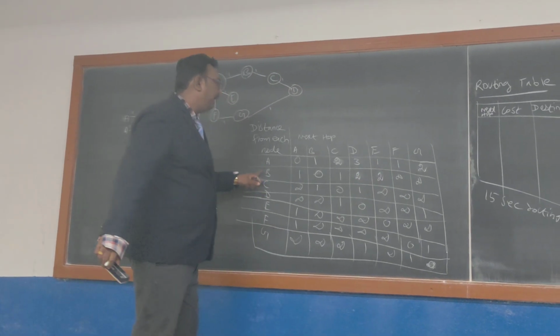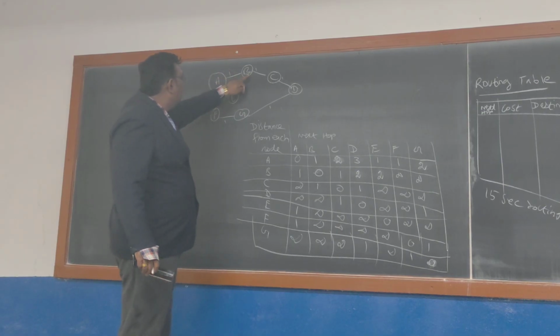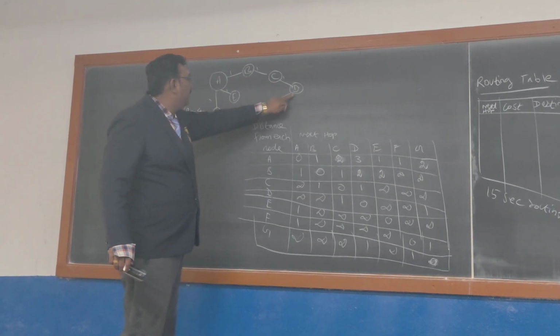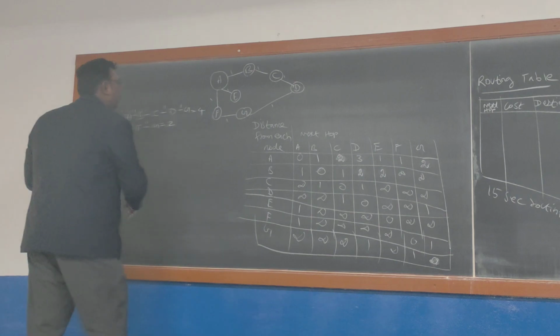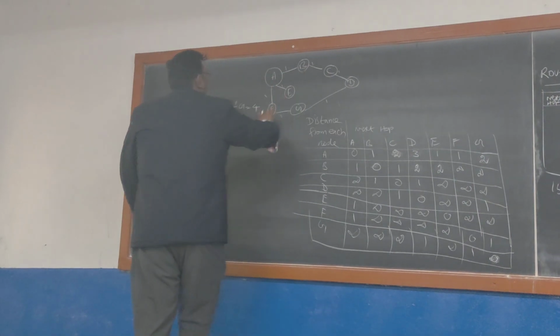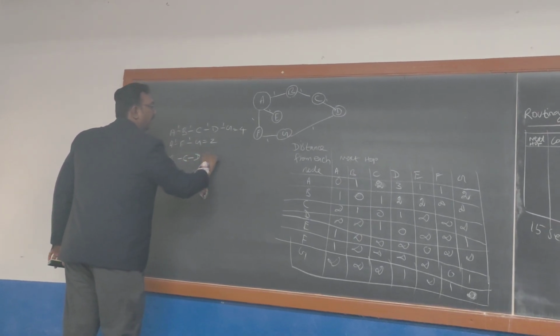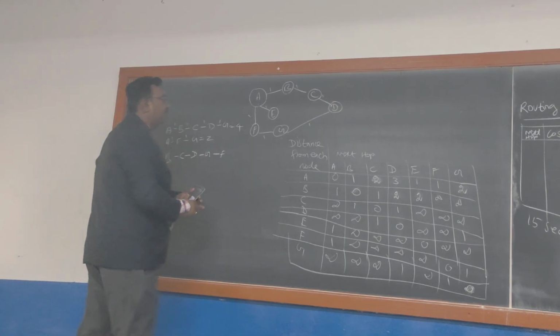So likewise, B to F. So B to F, how many paths are available? B to C, C to D, D to G, G to F. This is one path.